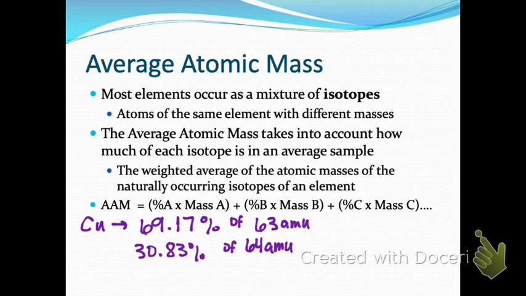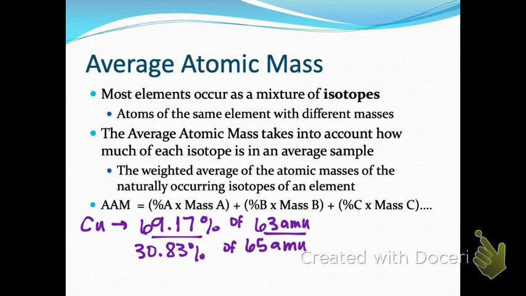So here is an example about copper and its isotopes. Copper has 2 stable isotopes. One of them has a mass of 63 AMU, and one of them has a mass of 65 AMU. Okay, and so it says this isotope is 69.17% of copper atoms, right?